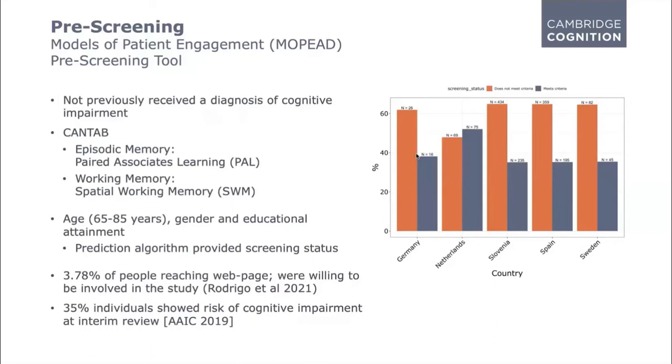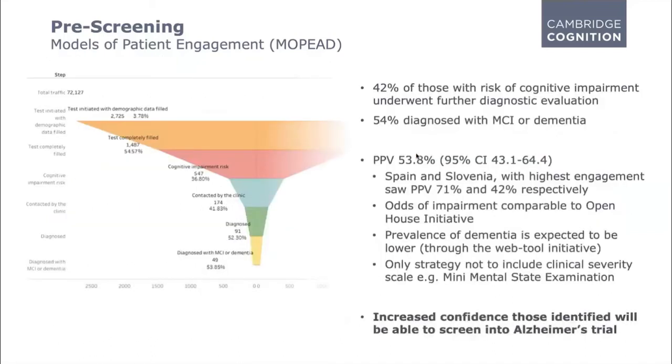So on close of the study, the different methods were evaluated, and individuals who had entered the study were given the opportunity to be contacted to undergo further follow-up. And actually 42% of individuals that met that criteria went on for further diagnostic evaluation.